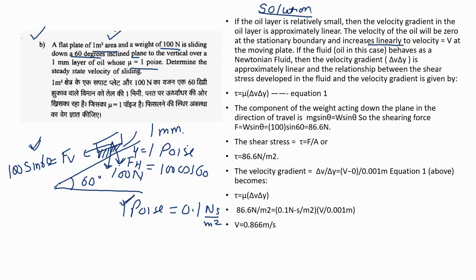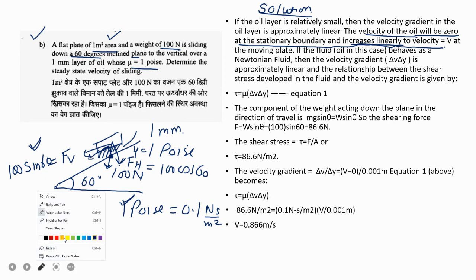You can see the velocity of the oil will be 0 at the stationary boundary and increases linearly to velocity v. So the velocity is 0 here and it increases to this point, which is v, and this variation is linear.